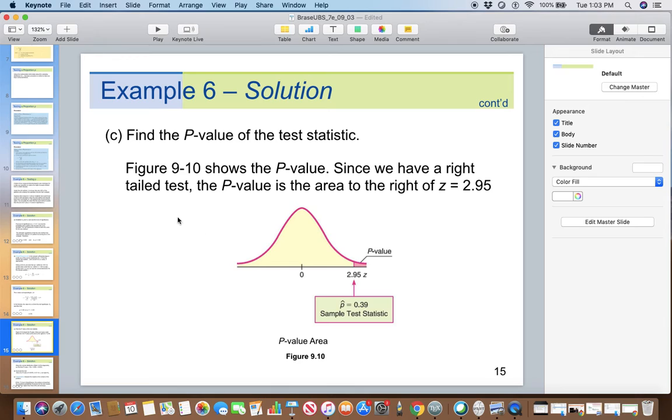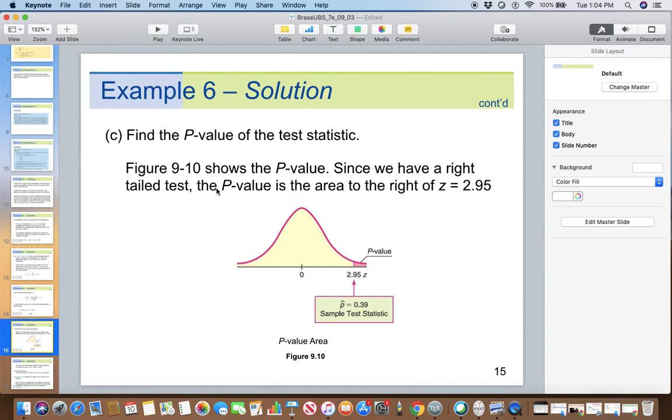All right. Now, you got the standardized statistic Z to be 2.95. For the P value of this test statistic, you want values greater than this, so you're looking at the right tail.